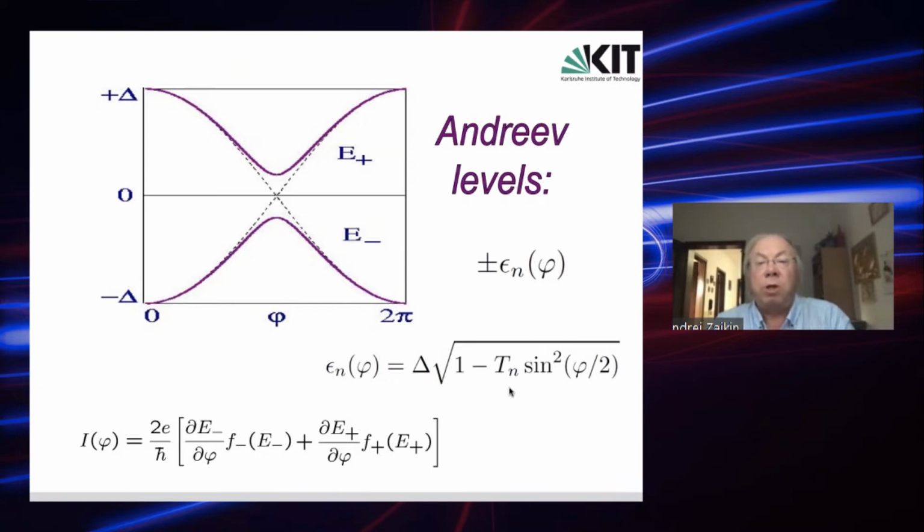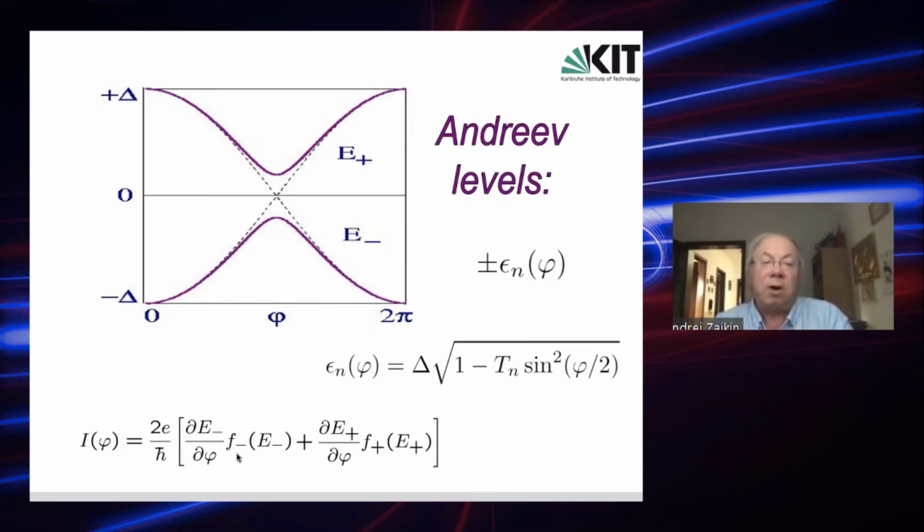This is a well-known fact, but it was pointed out that the current across this weak link, which I demonstrated on the previous slide, can also be calculated with the aid of this simple formula, which tells you that you have to multiply the derivative of the energies of these Andreev levels with respect to the phase by the filling factors of the same level, as you see here.